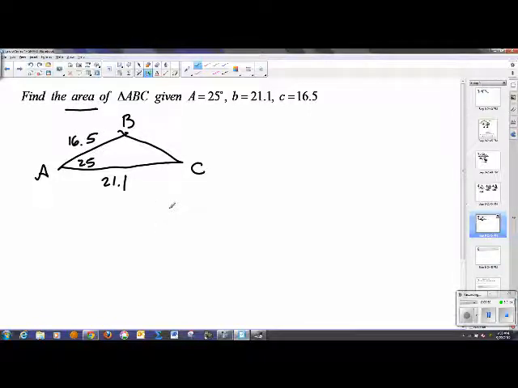Now, the book is going to give you a formula in order to do this, which I'm not necessarily a fan of. I would rather you just use common sense and say, well, listen, if I want to find the area of a triangle, I need 1/2 base times height.